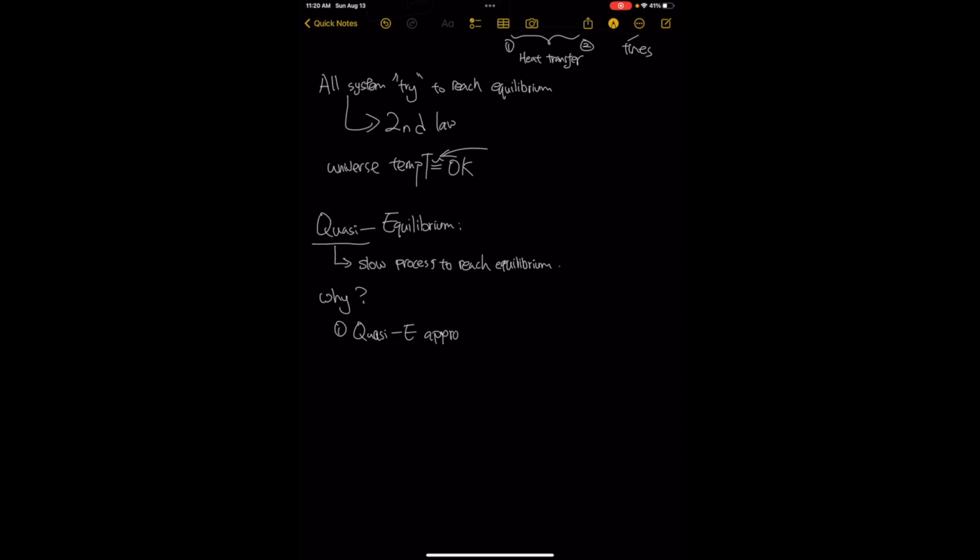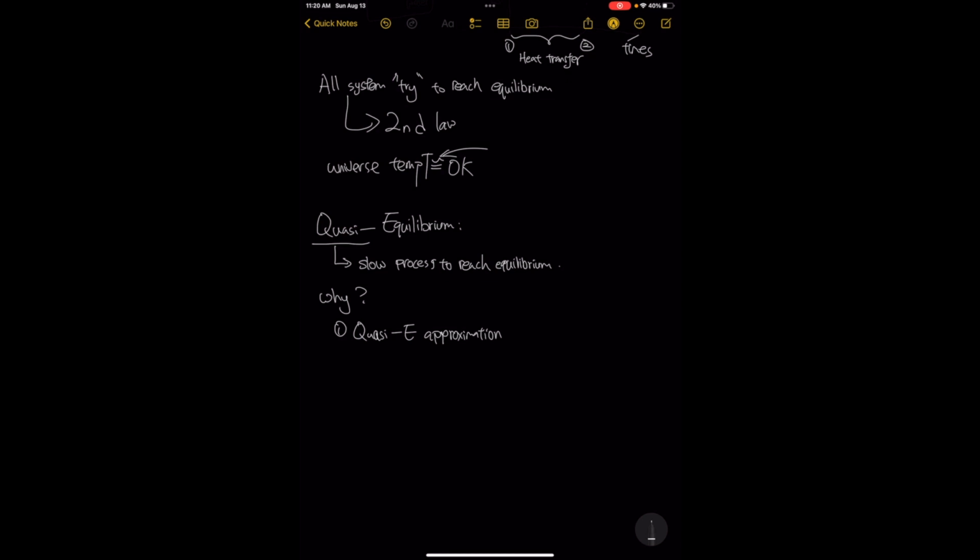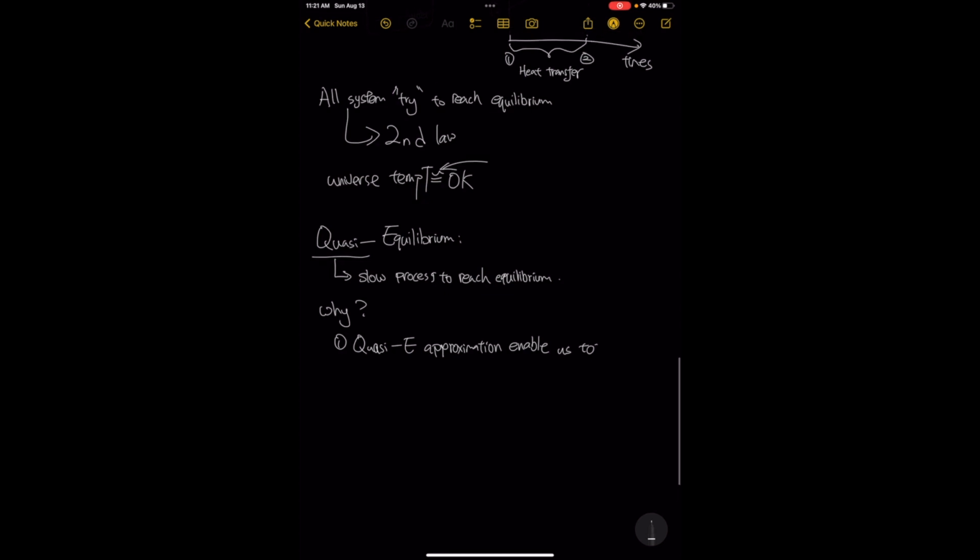approximation enables us to mathematically describe a process.